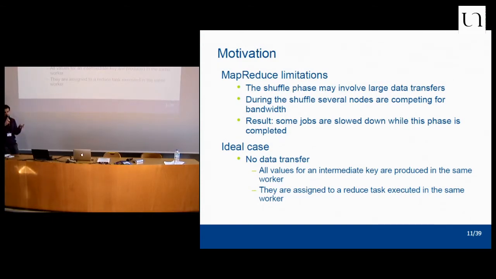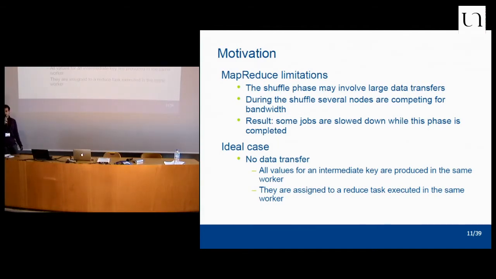And this transfer is done at the same time by all the computers, so they are competing for bandwidth, and as a result, the execution time of the job may suffer some overhead.